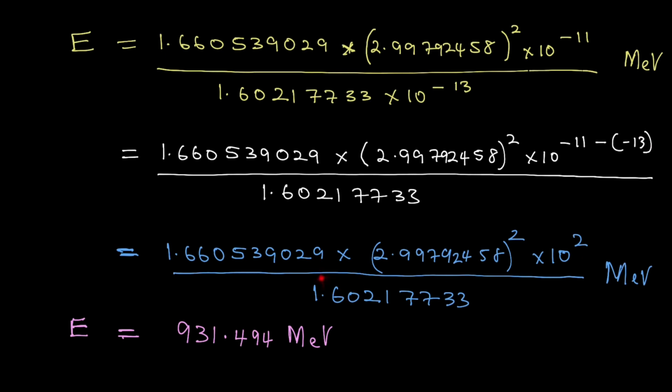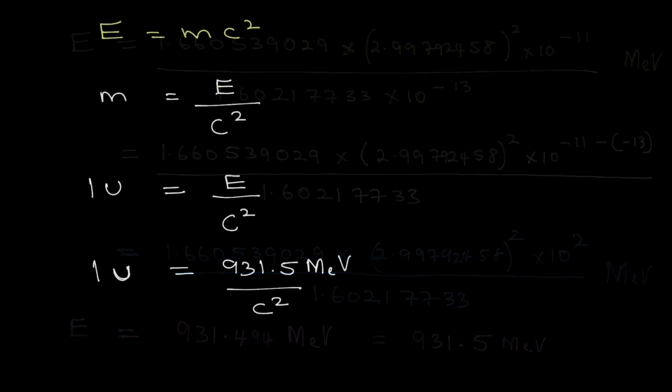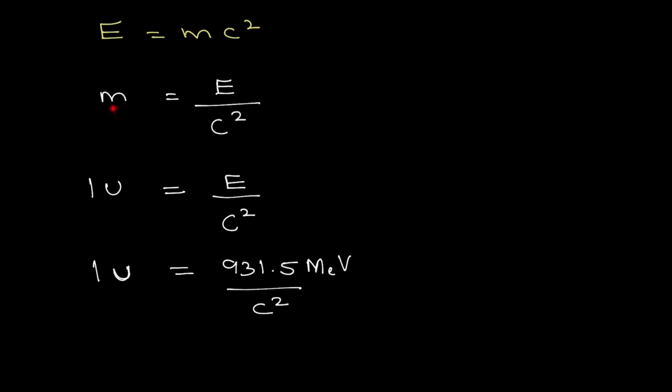That simplifies it. Now if I plug the values in, I get E equals 931.494 mega electron volts, which can also be written as 931.5 mega electron volts. E equals mc squared, where m equals E over c squared.